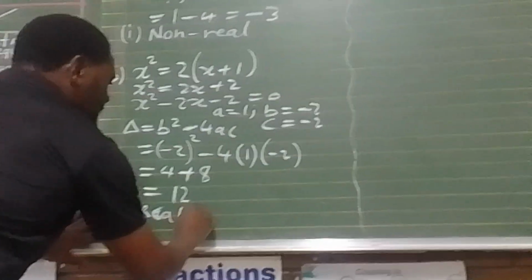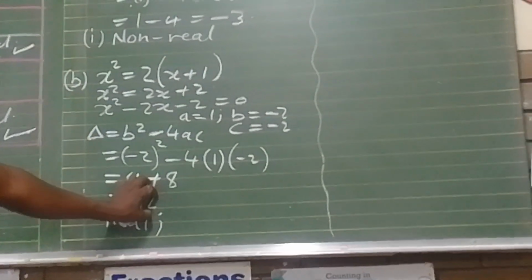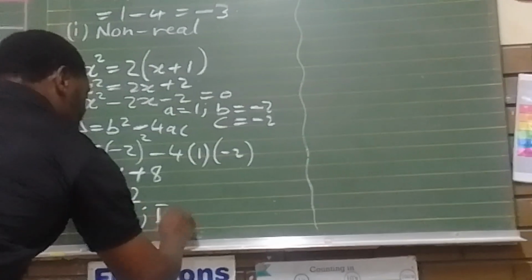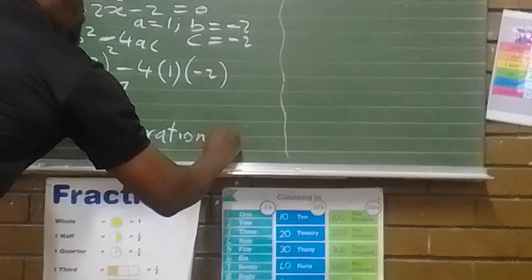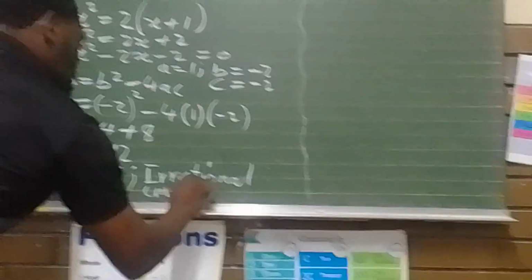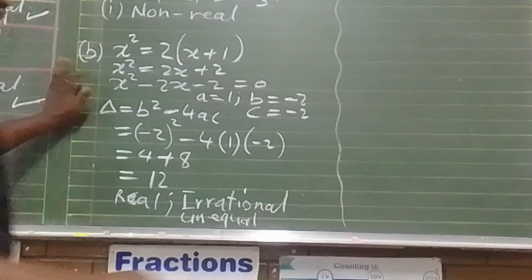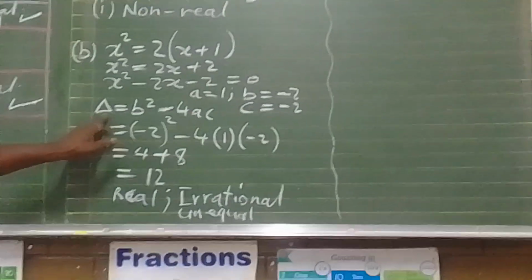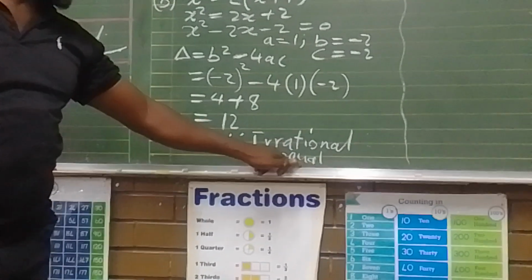How is this real? It is irrational because this is not a perfect square. It is irrational and it is unequal. Remember I said when you get a discriminant of 0, you must know that it is equal.